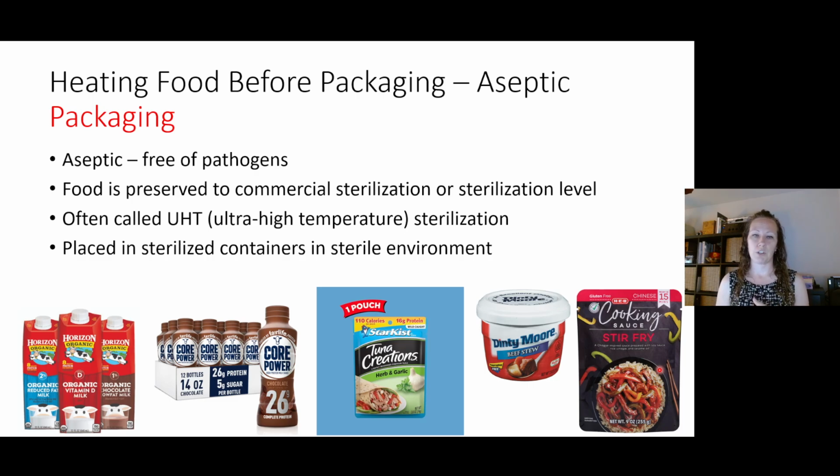There's another form of pasteurization that we'll go over in a minute that is possibly what some of these have gone through, but most likely, especially the tuna, is usually UHT. Any product like stews stored at room temperature on the shelf that are also not in a can have gone through this aseptic packaging also.